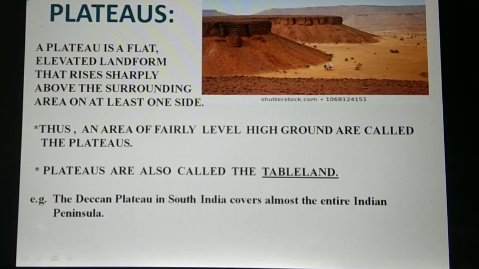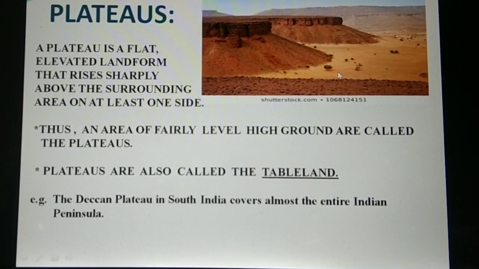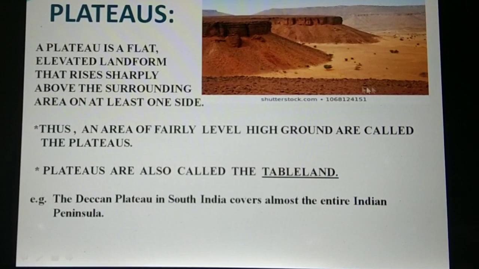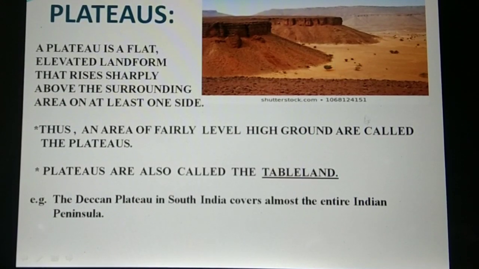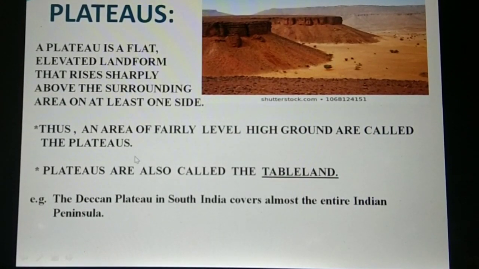It doesn't mean that it can't be upheld from the other sides, but it has to rise up sharply at least from one side. Thus, an area of fairly level high ground above the level of the earth is called a plateau.